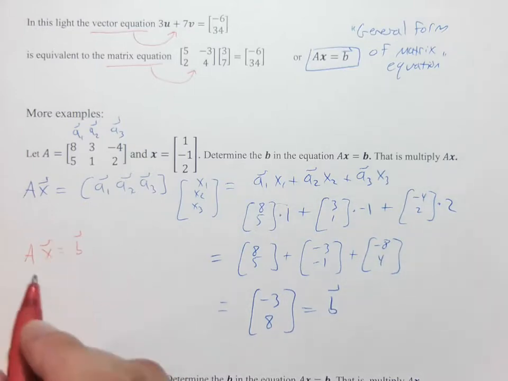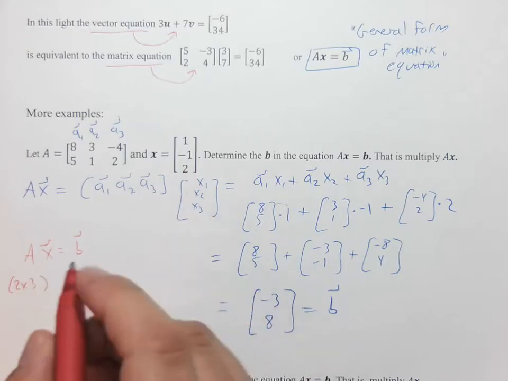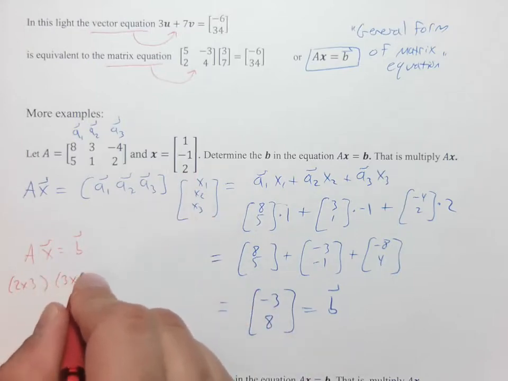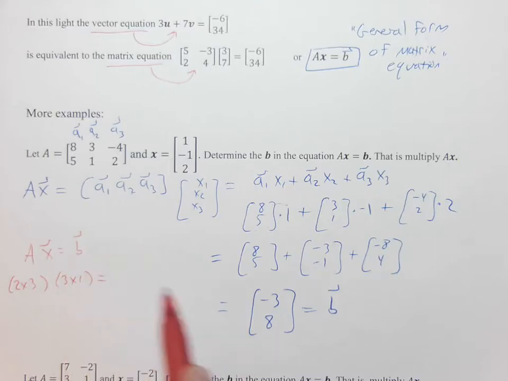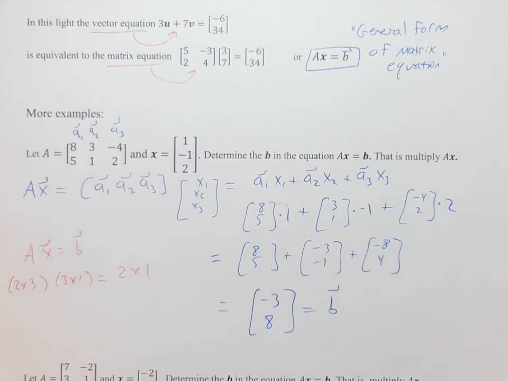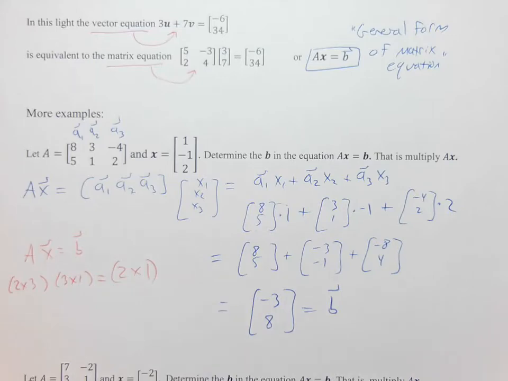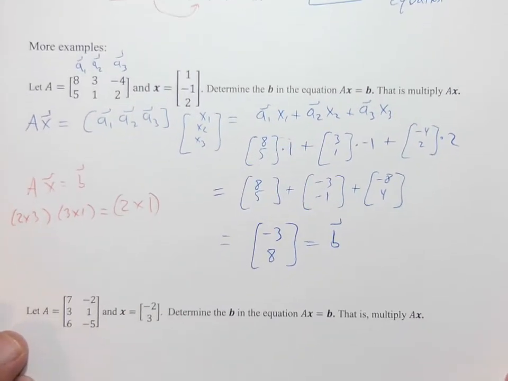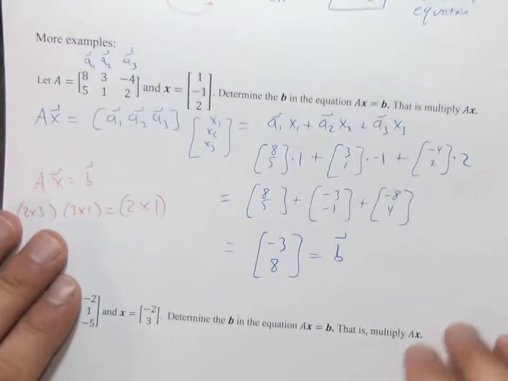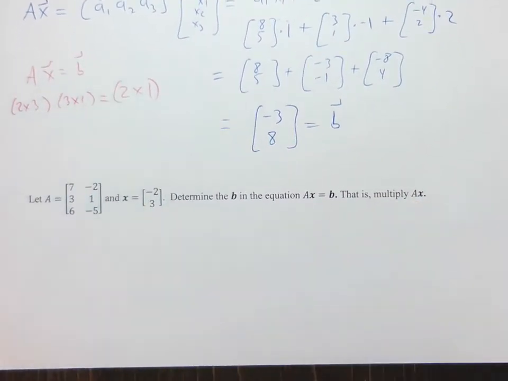In this particular problem, A was a 2 by 3, x was a 3 by 1, and then we ended up with b, which was a 2 by 1. So think about the pattern that exists in that equation, and I hope maybe after this next one you'll be able to come up with a general rule about when you have certain dimensions, what the result will be.